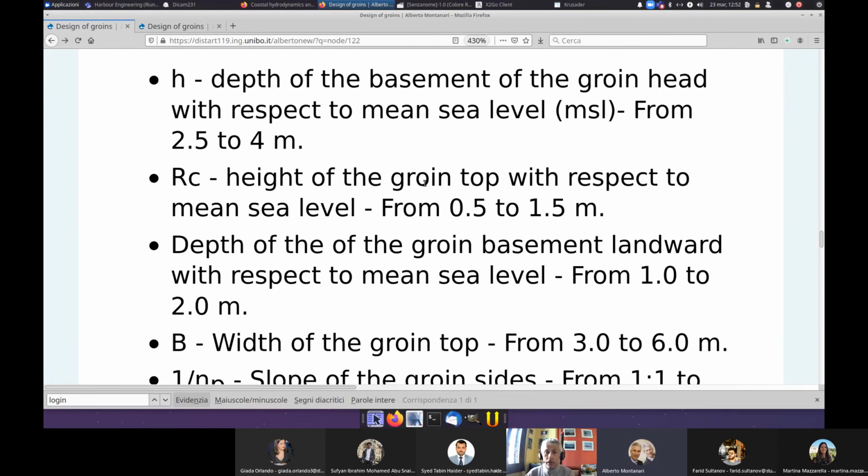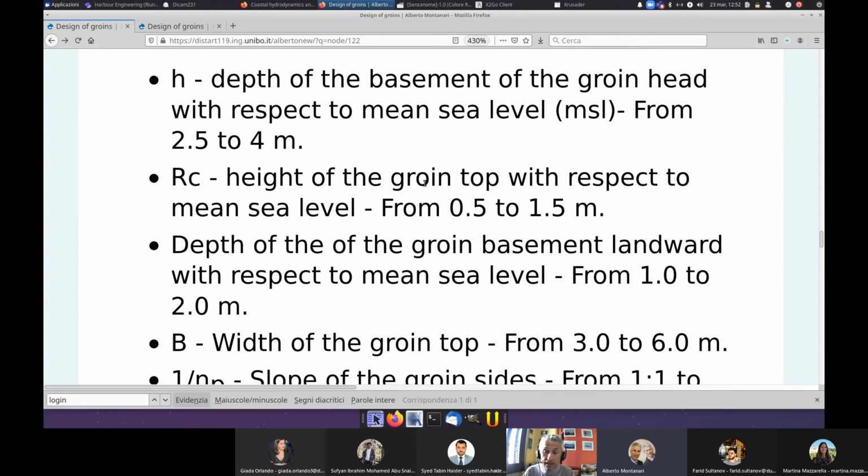Depth of the groin basement landward with respect to mean sea level: we mentioned that on the landward side, the height of the groin can be reduced.